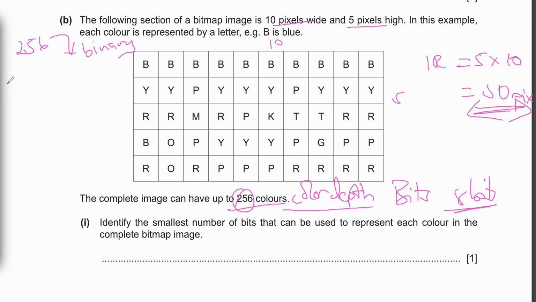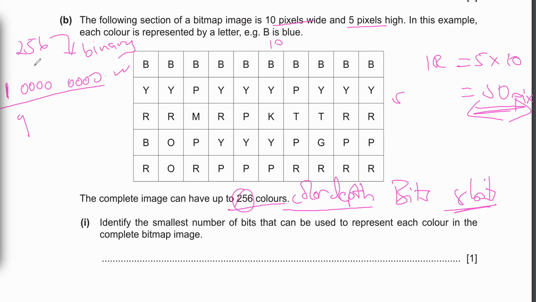So that's 256 in binary: a 1 followed by trailing zeros. The first thing to do after converting a number to binary is to count the number of bits. I have 1, 2, 3, 4, 5, 6, 7, 8, 9.